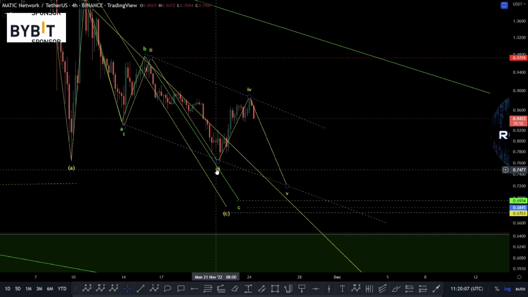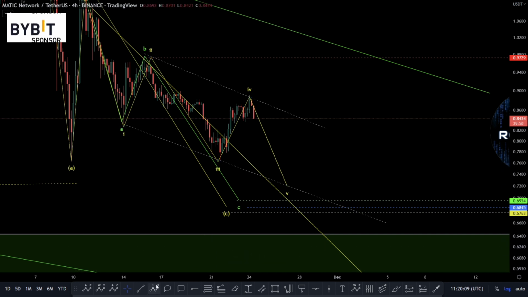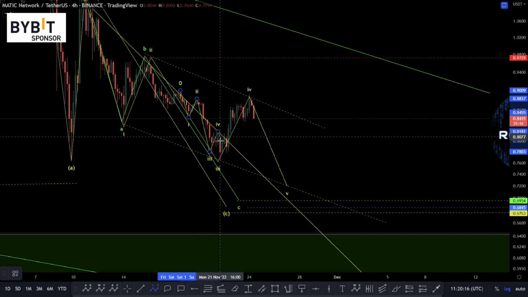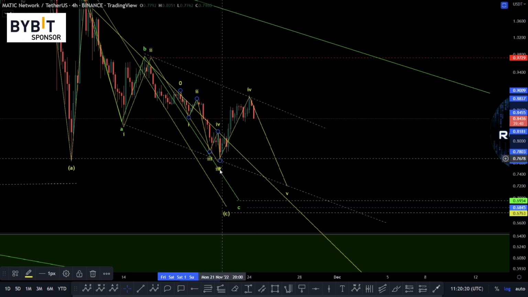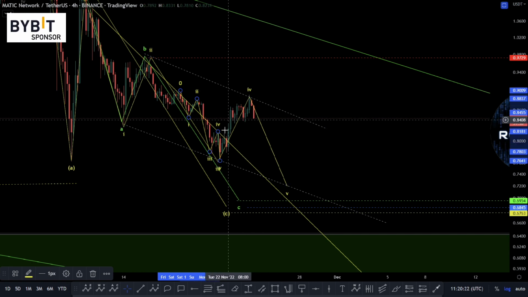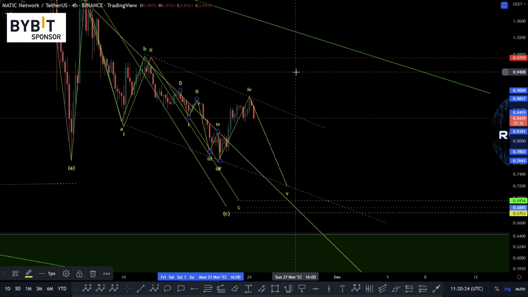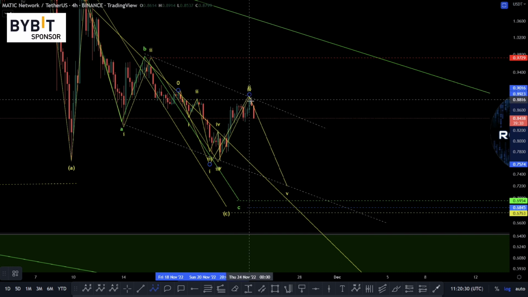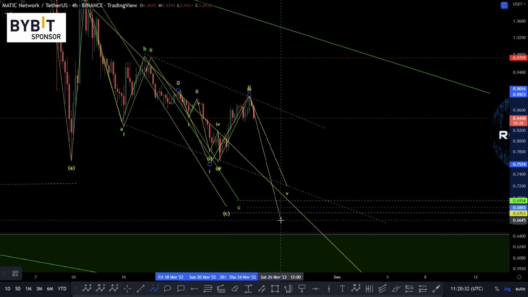That could just be a zigzag. Alternatively, it could be that what we have here is a 1, 2, 3, 4, and a 5 completed into that zone there. If this move rolls over and doesn't develop into anything to the upside, basically what we can form here is a 1, 2, and then we'd look to fall down in a 3.